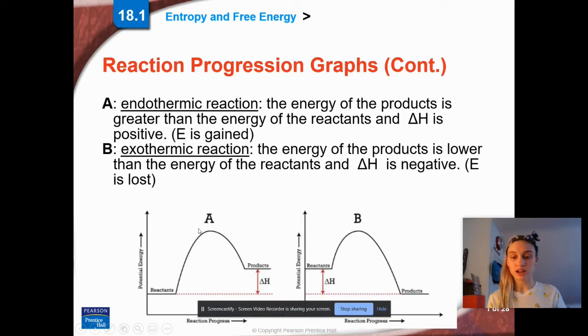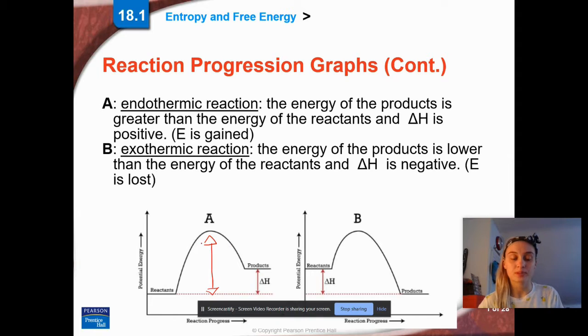This is our activated complex, and this is the amount of energy that we need. This is our activation energy, what we have to go through from the reactants to the activated complex. We already did that in the last video, so if you're a little fuzzy on it, go rewatch that part in the last video that I posted.